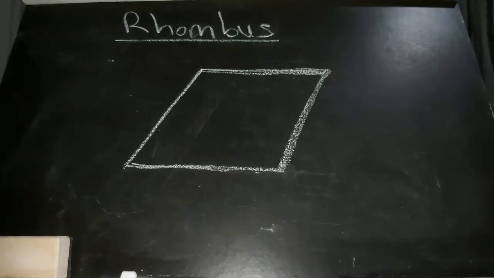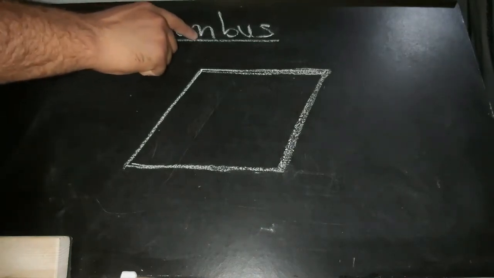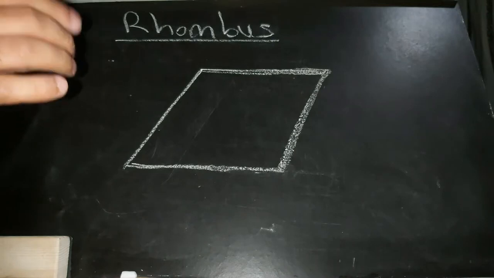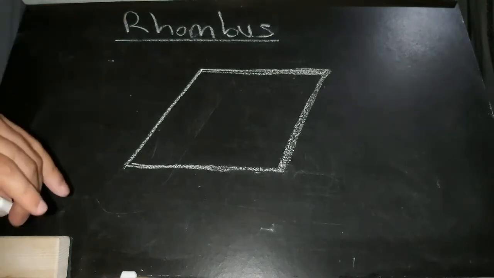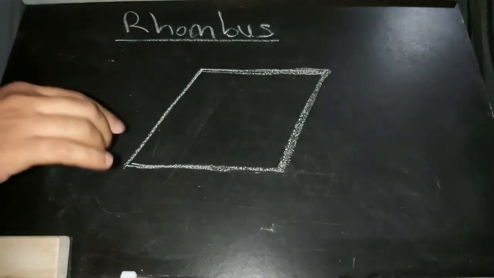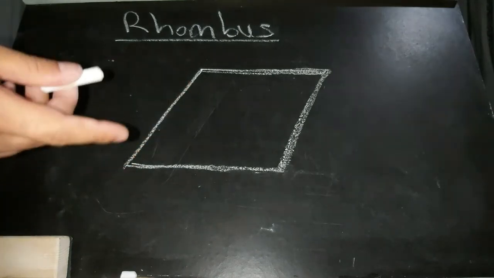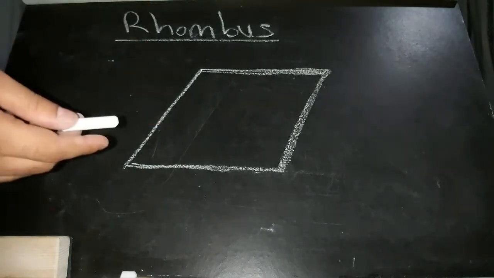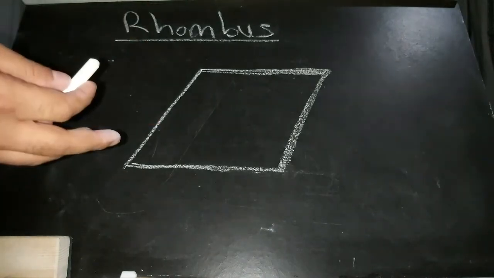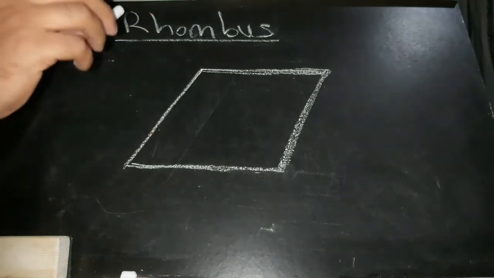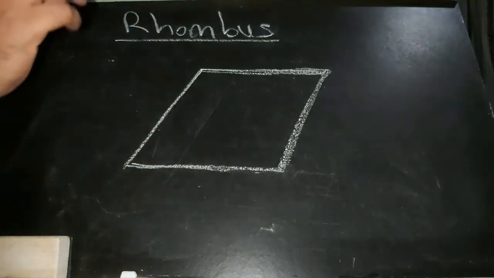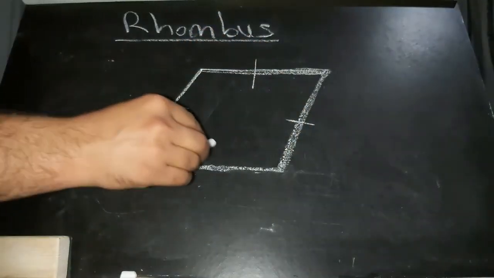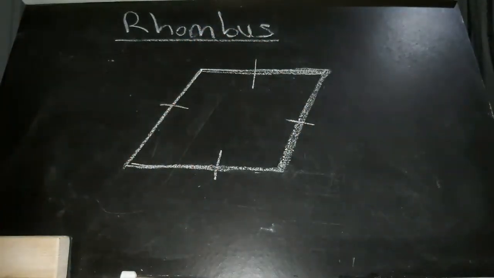My other shape is the rhombus. So a rhombus is a parallelogram too. Whatever we count for properties of a parallelogram, everything is exactly the same for a rhombus too. So now we are going to say why they have different names then. Why is this one a rhombus, why is that one a parallelogram, if everything is the same? The difference between a rhombus and a parallelogram is just that for a rhombus all sides are the same.